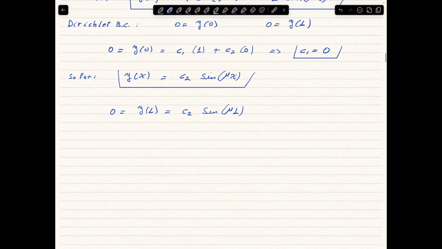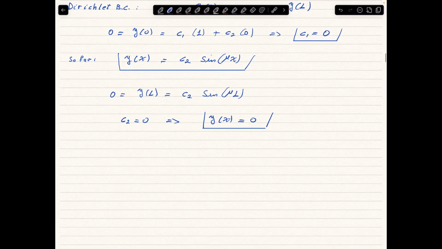Now if we choose C2 equals 0, which is one solution, then we recover the solution y of x equals 0, which we knew was there, and here it is. But we can choose now C2 different from 0. And in this case, the boundary condition says sine of mu L has to be 0.